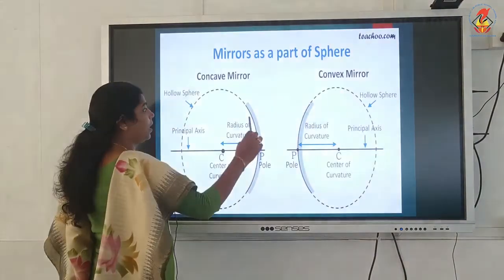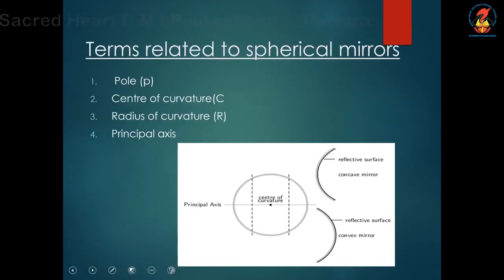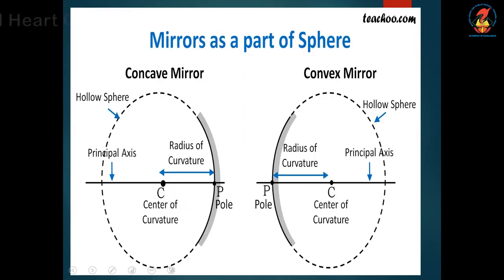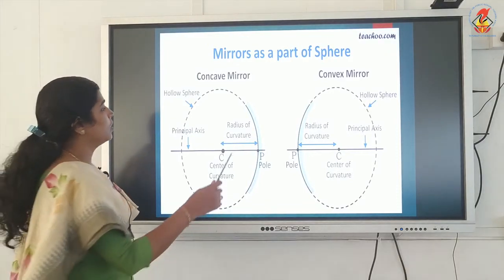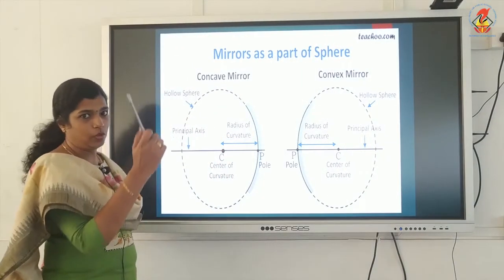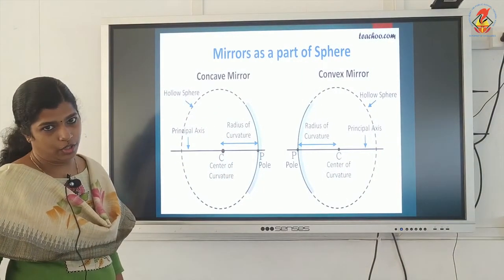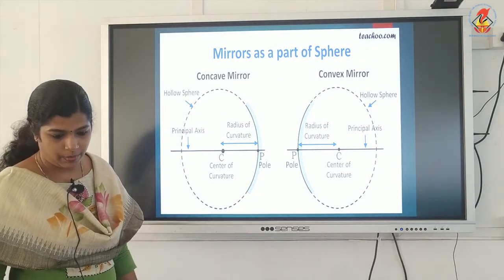The radius of that sphere from which the spherical mirror is taken, either concave or convex, is known as the radius of curvature. Then, principal axis.